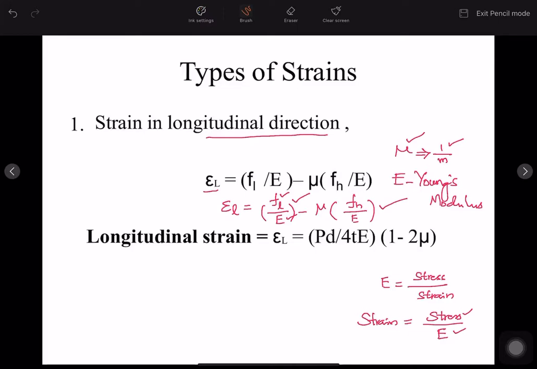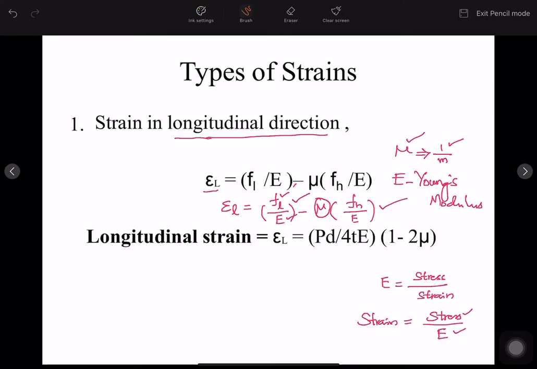As the strain is in longitudinal direction, initially we are getting sigma L or FL, from which we are subtracting a certain portion of hoop stress, and what this mu is, we'll see later.